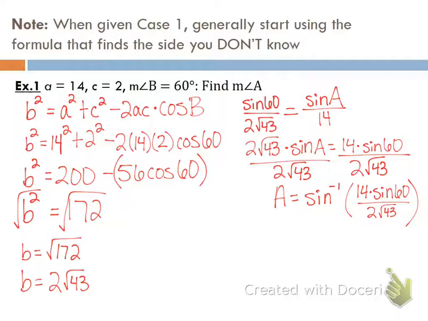Let's round measure of angle A to the nearest tenth. What do we get? A fraction that has a square root. After you took inverse sine?